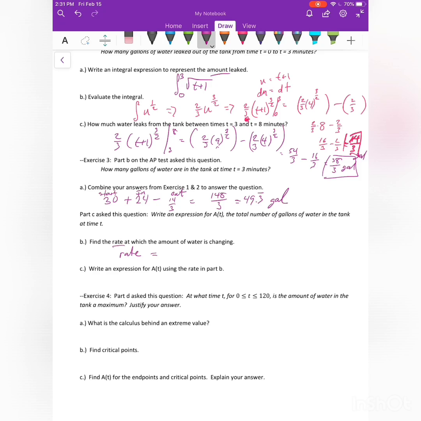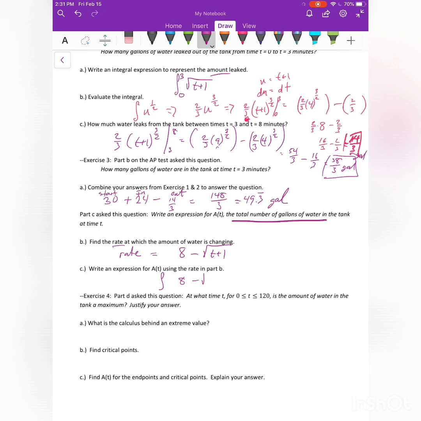We have rate in is 8, so that's a positive 8 because there are 8 gallons per minute coming in. And we're going to subtract the rate that's going out, which was the square root of t plus 1. So that is all about rates. Those are the derivatives, right? The rates. If we want the total number of gallons of water, well, that's the amount, so we basically integrate those two things.